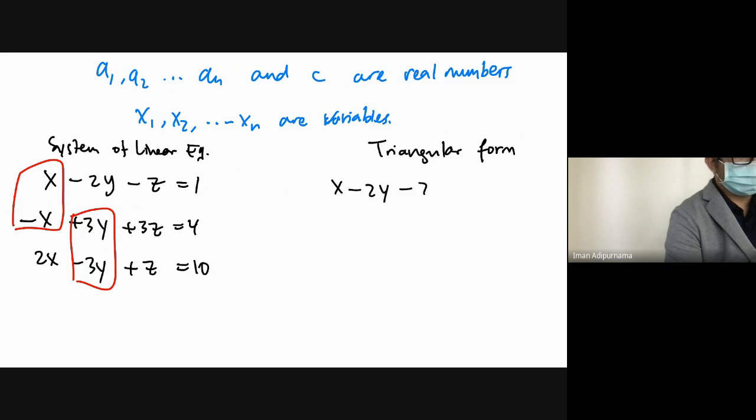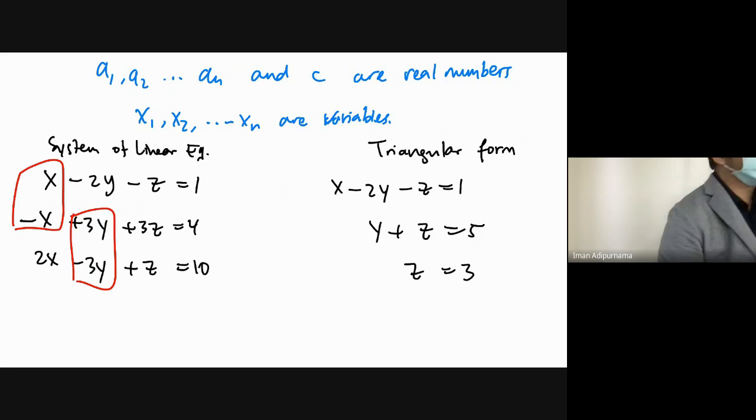x minus 2y minus z, then y plus z, and z equals 3. If you work it out, whether you find z, x or y, you can write it in this triangular form.